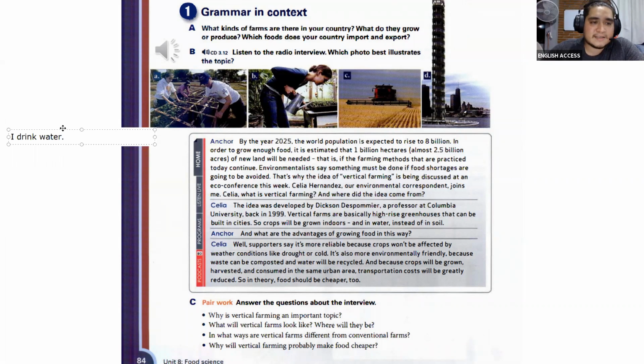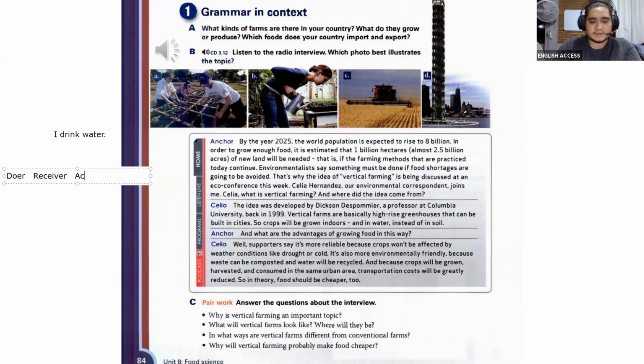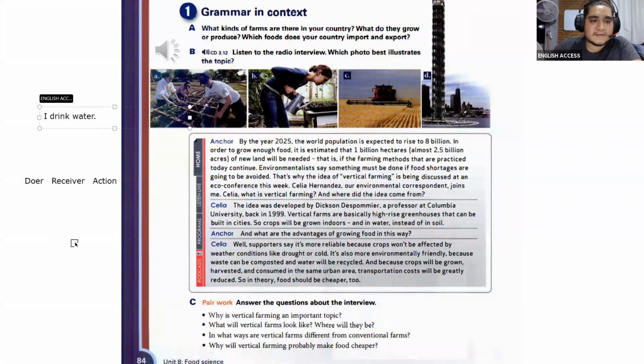In this case, can you tell me who is the doer of the action? Who is the receiver? And what is the action? Can you tell me, guys?